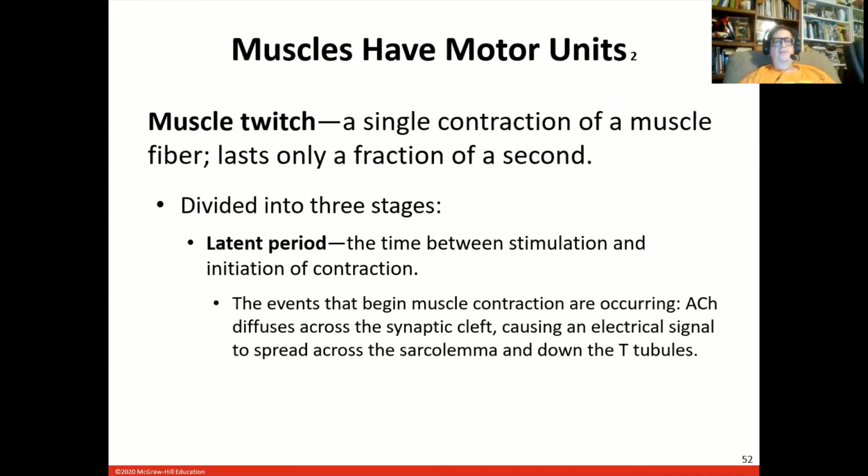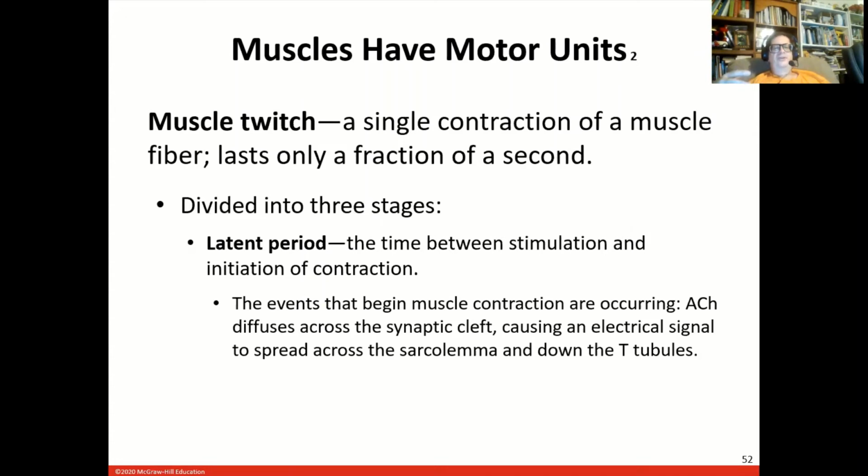All right, so a muscle twitch is the contraction of a muscle fiber. It's very, very brief. And let's talk about what it takes to do it. You have a latent period. That's the time it takes between the stimulation coming from the nerve and the contraction starting. What's going on there is that acetylcholine is going across the synapse.